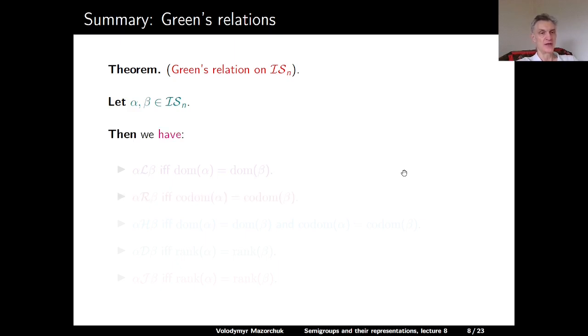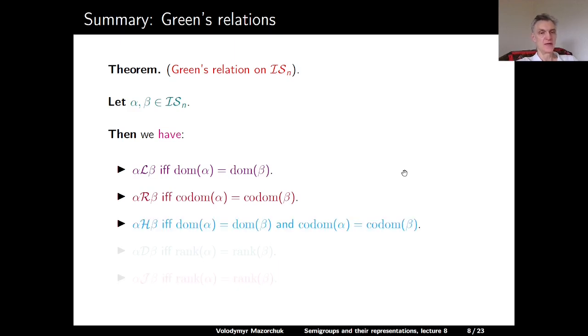Then alpha and beta are left equivalent if and only if they have the same domain. They are right equivalent if and only if they have the same codomain. They are H equivalent if and only if they have the same domain and the same codomain. They are D equivalent if and only if they have the same rank. And they are J equivalent if and only if they have the same rank.